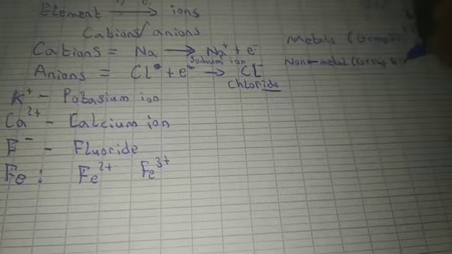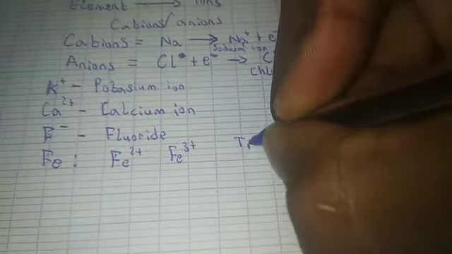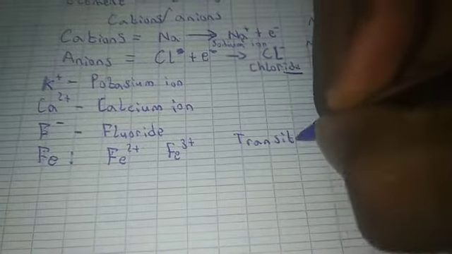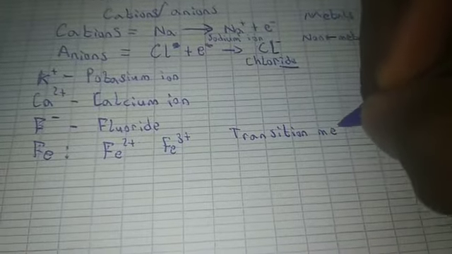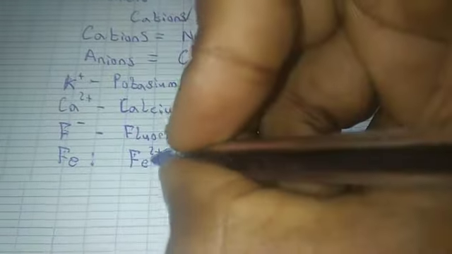Group 8. So now these guys here are transition metals, and they have another way of being named. Since these are cations, you call it ion, quite right.